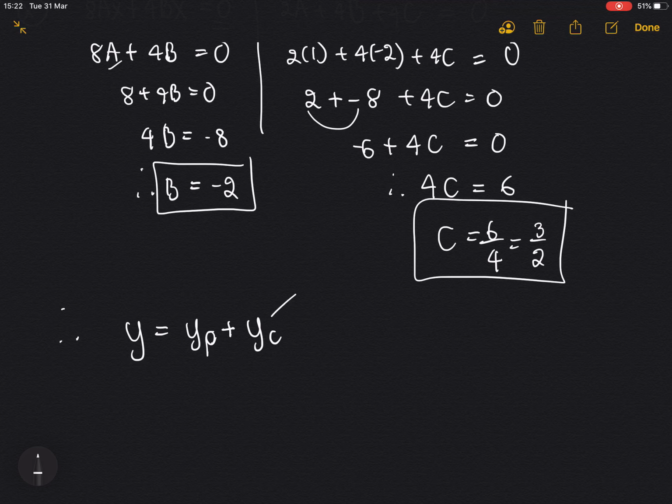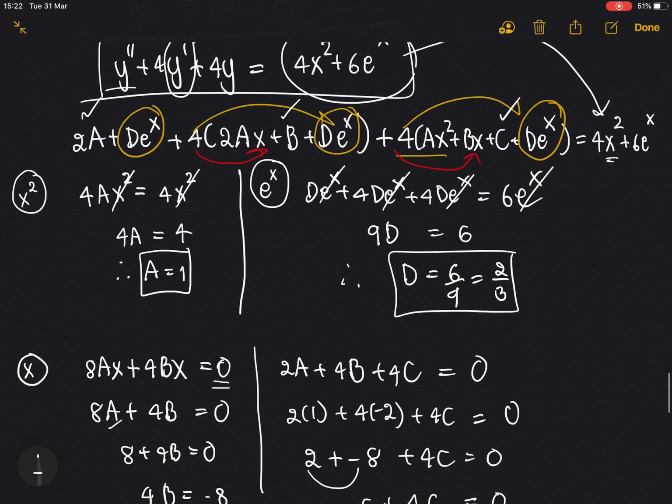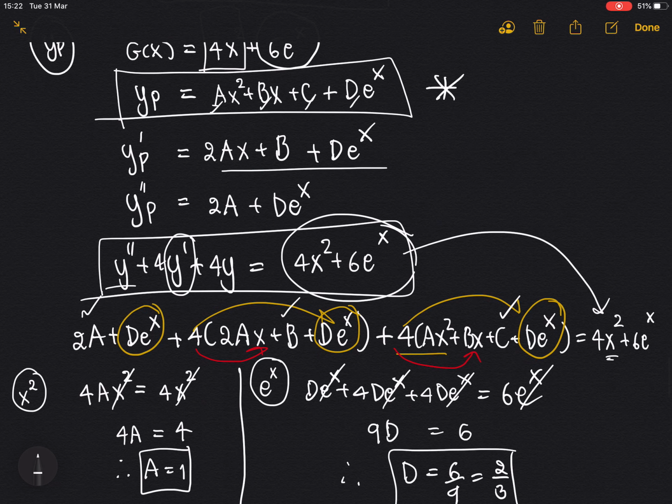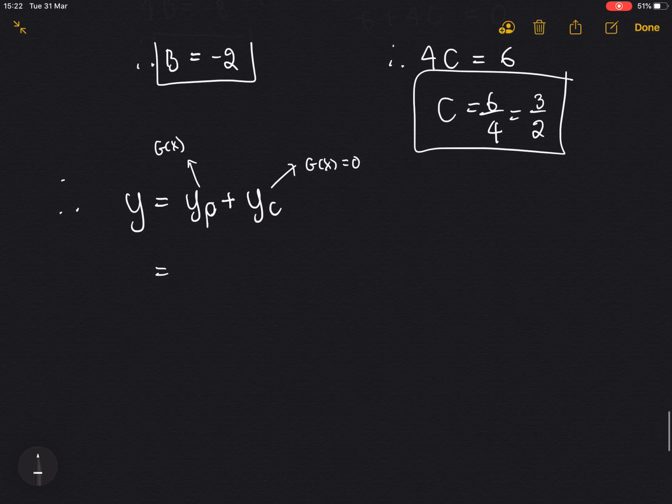Again, the complementary solution is found when we let g(x) equivalent to 0, and the yp is found by making an estimation for the g(x) terms. So remember that our yp here in this case is equivalent to ax squared plus bx plus c plus d times the exponential of x. So we have to rewrite that again, and then add up the yc complementary.